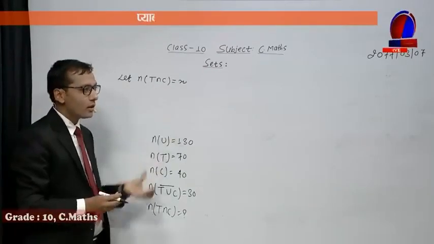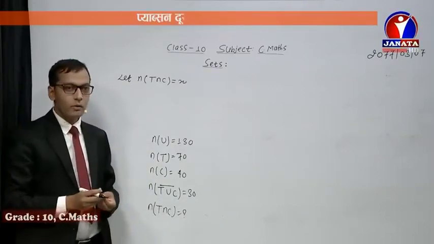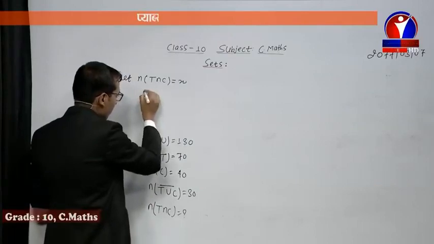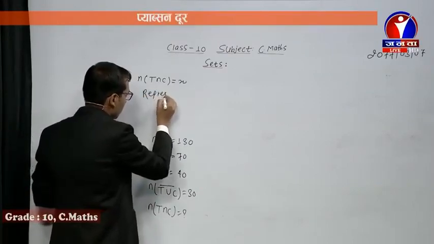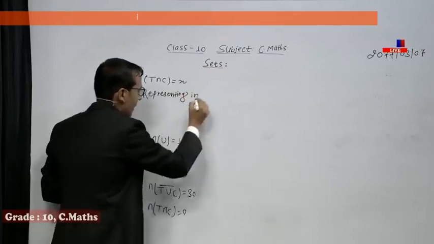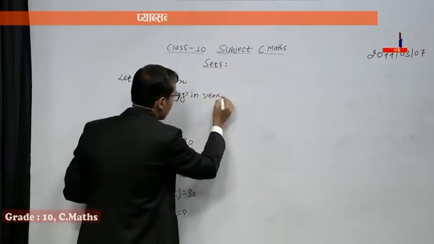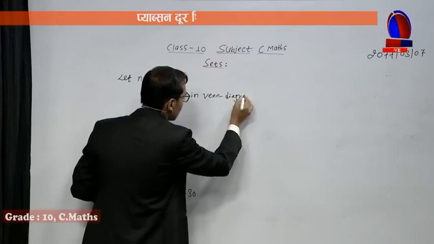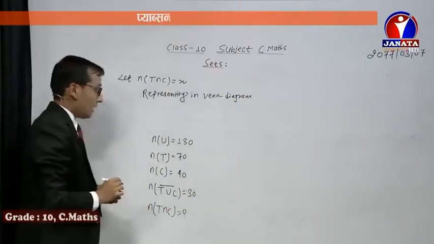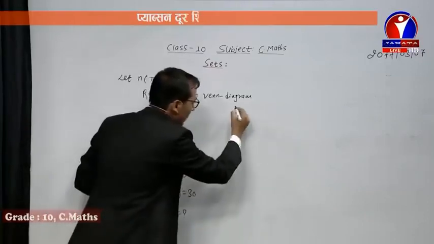We can insert all these numbers in a diagram and solve for X. So let's represent this in a Venn diagram.